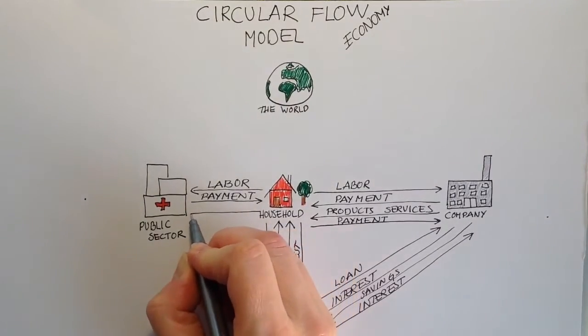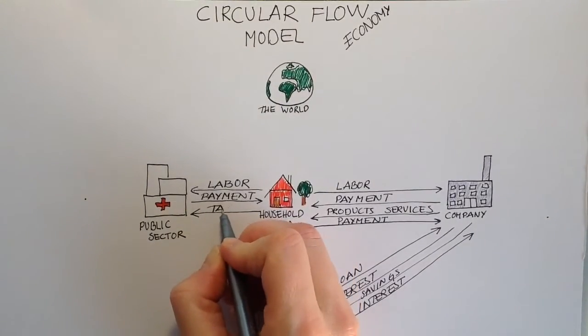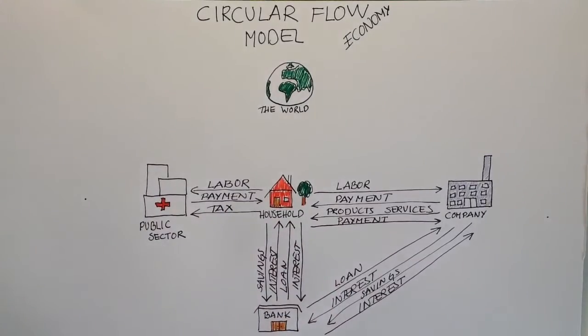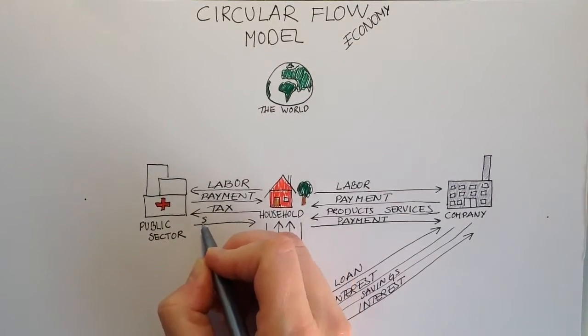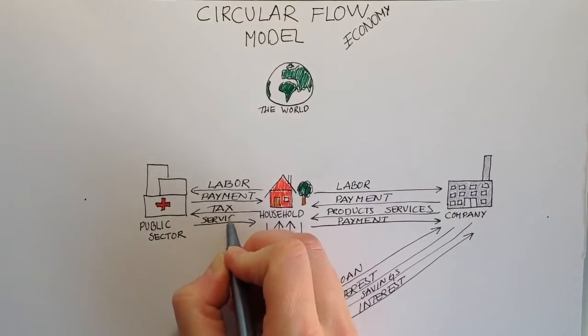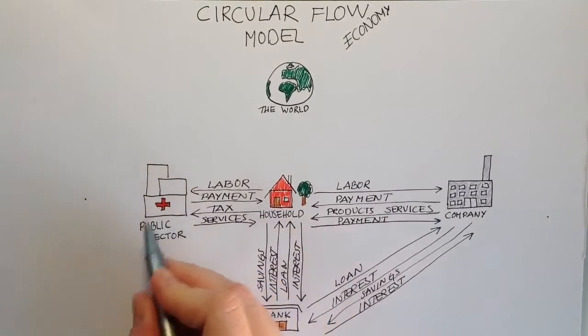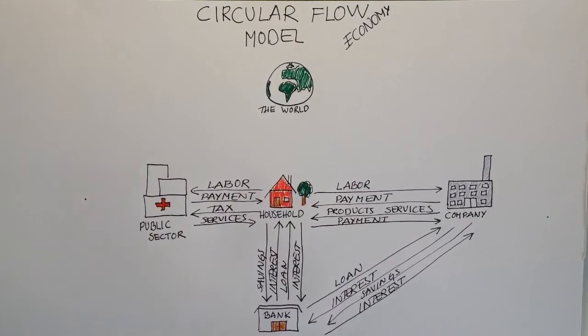We pay taxes, and for that, we get services. As you can see here, we have a hospital, but it could also be a school, all our roads, all those things that the public sector helps us with, and we pay them taxes to have all of this.